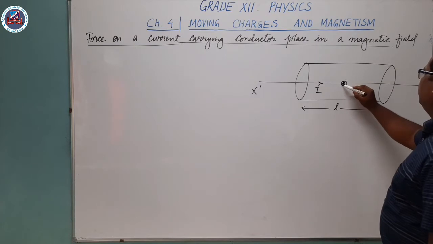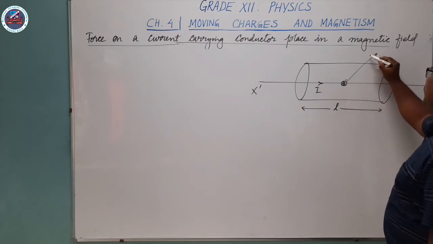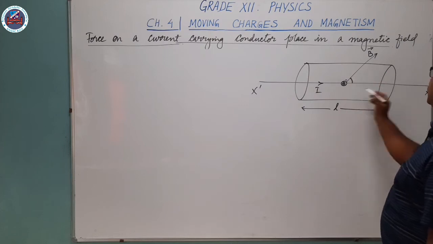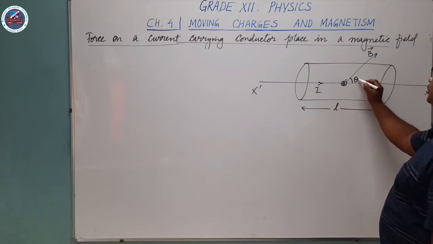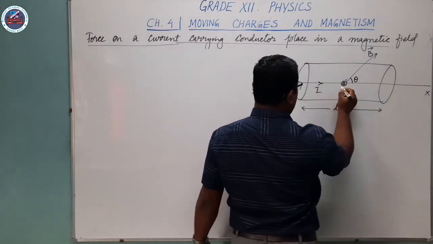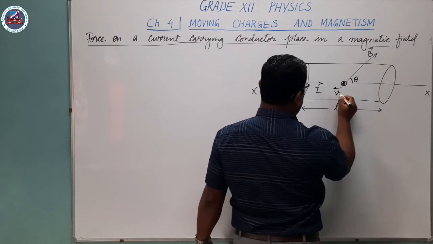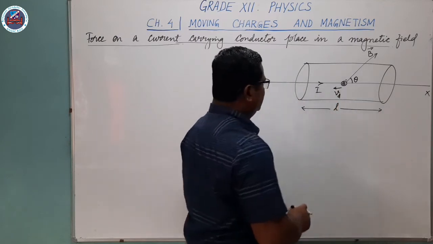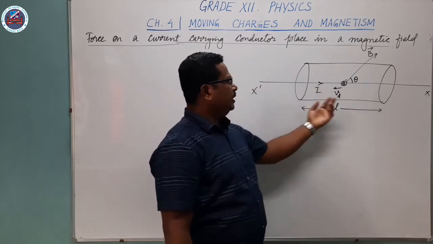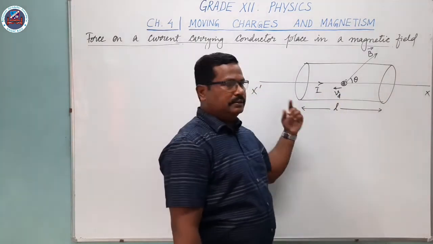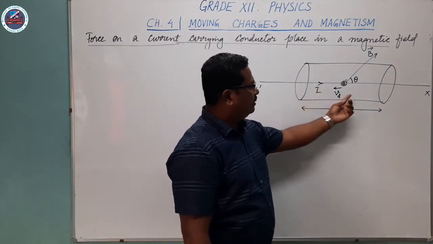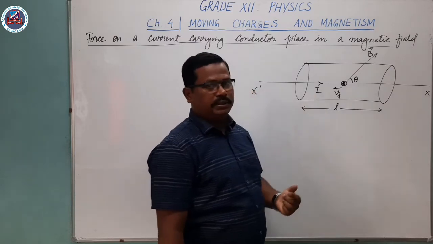Suppose the magnetic field is passing this way, inclined at an angle theta with the axis of the conductor. Then we know that the electrons travel with a velocity in the opposite direction. We call this the drift velocity Vd. Like this, many electrons will be traveling along the conductor when you pass current through it. The direction of current and the velocity of the electron are opposite to each other.